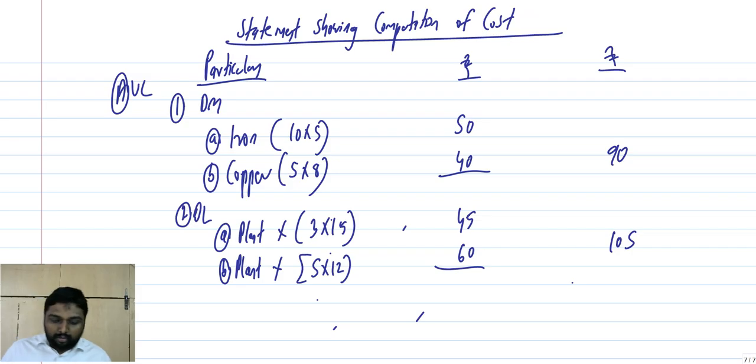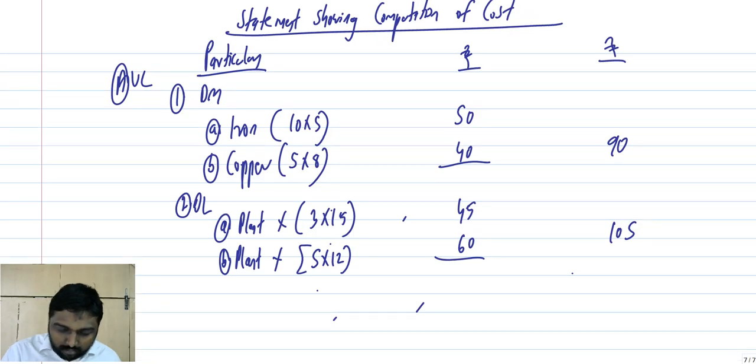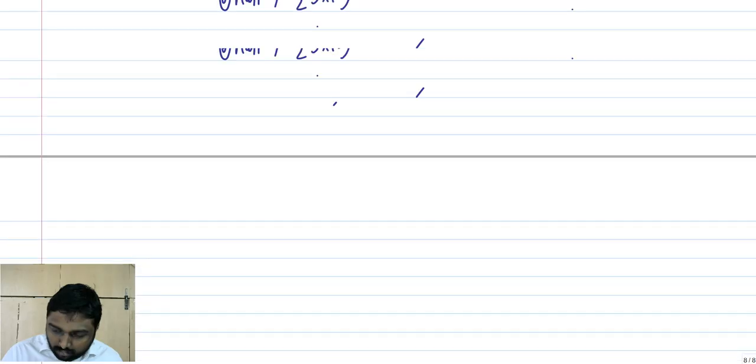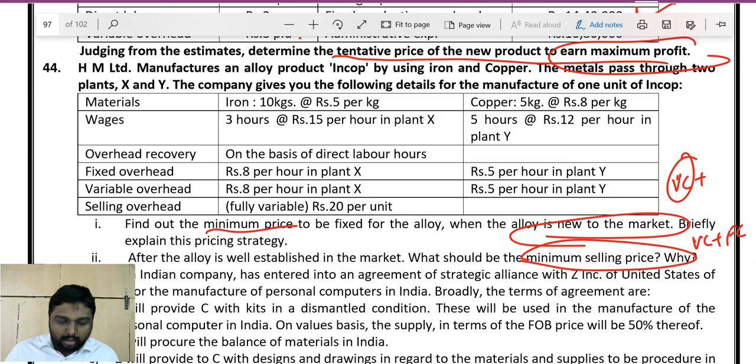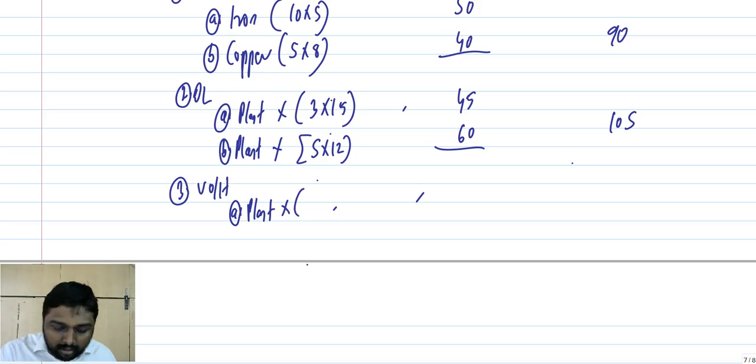Variable overhead: 8 per hour for X, 5 per hour for Y. So 8 rupees per hour, how many hours? 3 into 8, 24.